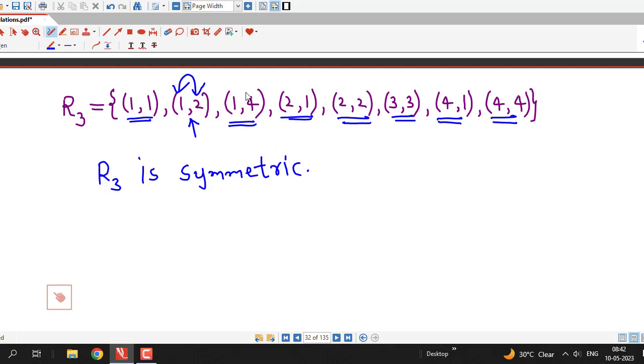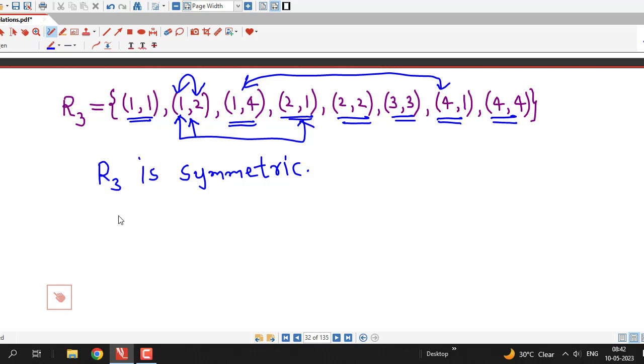And we can write that (1,4) and (4,1) both are present in R3, but 1 and 4 are different. Similarly, (1,2) and (2,1) are present in R3, but 1 and 2 are different.